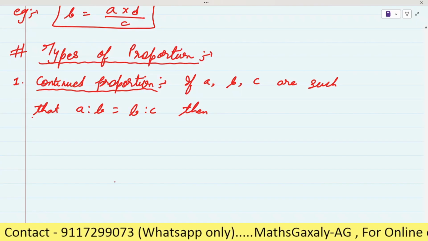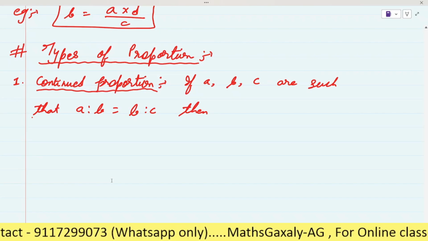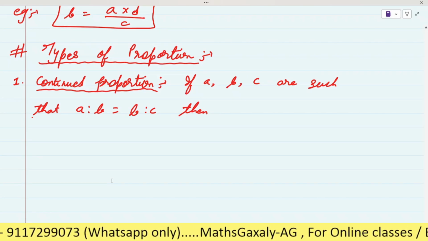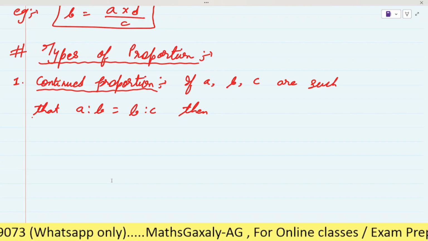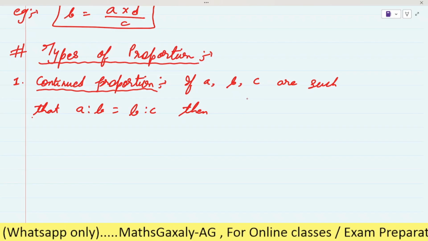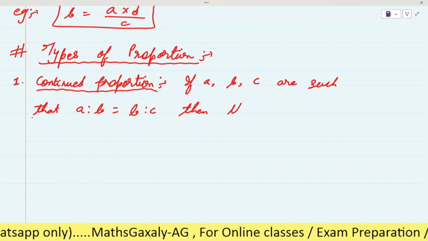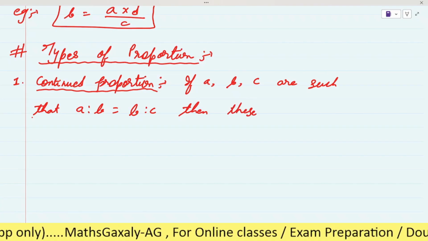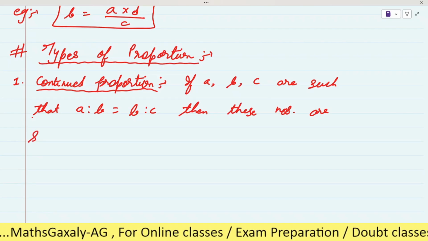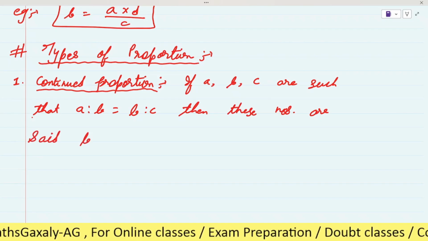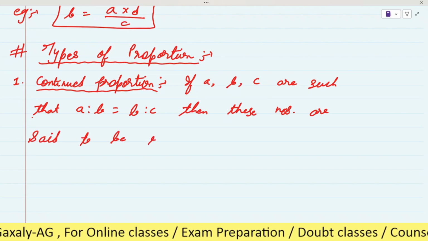Okay. So let's see here, if A, B, C are such that A is to B is equal to B is to C, then these numbers are said to be in continued proportion.